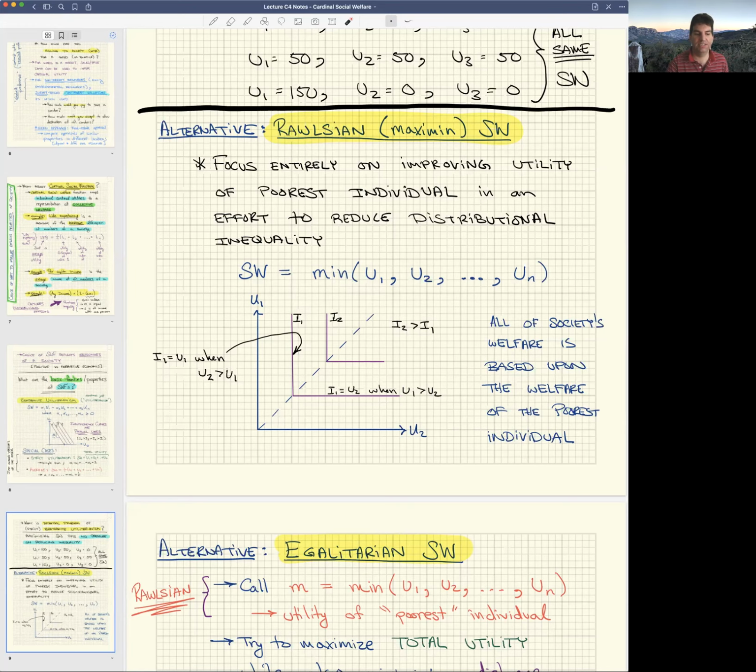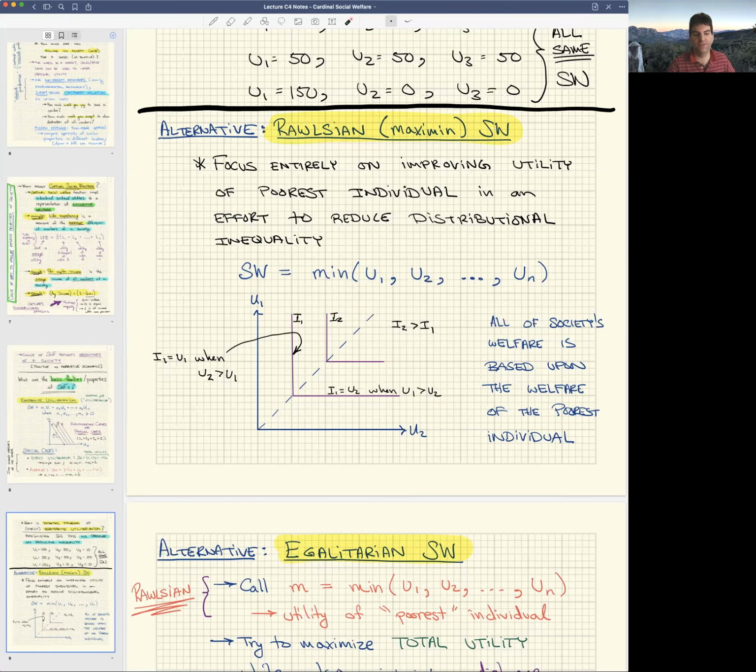We've already seen an example like this when we were talking about consumer choice theory with different goods that look like these angles here. This is an indifference curve with a society where the minimum individual is doing better than a society over here. They look like this because in this region up here, individual 1 is doing better than individual 2, and so all of the social welfare is determined by the level of welfare on the individual 2 dimension.